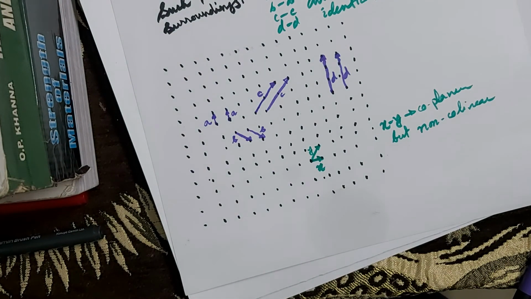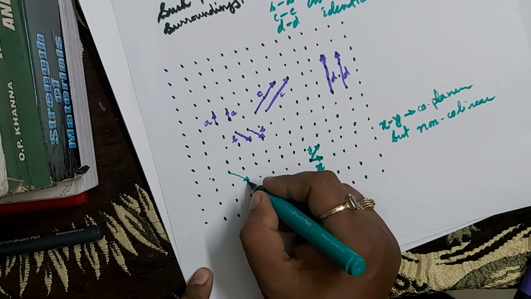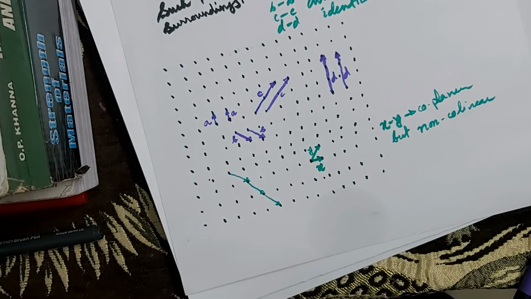How can it be linear? Like if we move this, and then again this, and again this, so this is collinear.